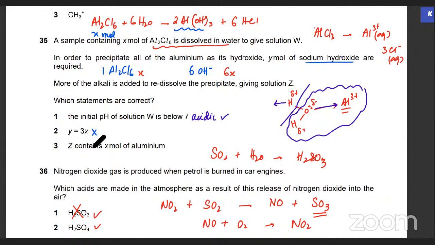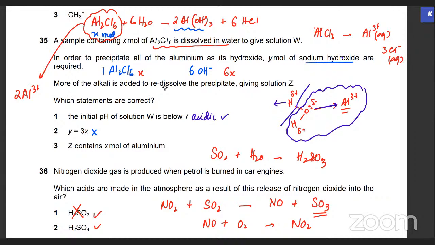And the next one is Z contains X moles of aluminium. What is Z? Like, one molecule contains how many aluminiums? 2, right? So whatever happens, one molecule contains 2 aluminiums. If you add one molecule of Al2Cl6 to anything, there would be 2 aluminium ions.